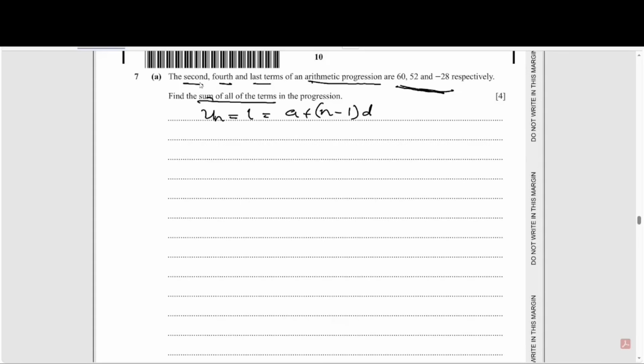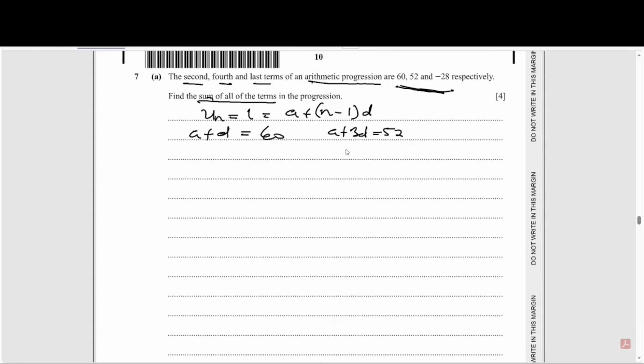And from that, we know the second term, that is u2. The second term is a plus d, and that has been given as 60. That gives us one equation. The fourth term is a plus 3d, that is 52.